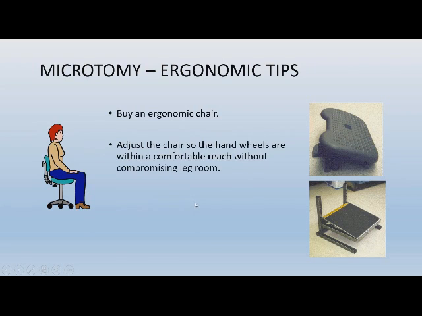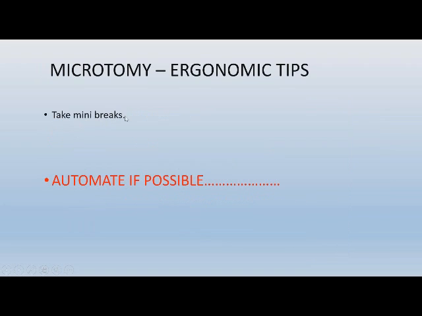Adjust the chair so the hand wheels are comfortable with a comfortable reach without compromising leg room. Use a footrest if your feet don't reach the floor. Now, take mini breaks. Even if you have to get someone to blow a whistle at 5 minutes to every hour, you should do that. Stand up, shake your arms, move your neck, massage your neck, whatever. But the big deal is, if you can, automate.